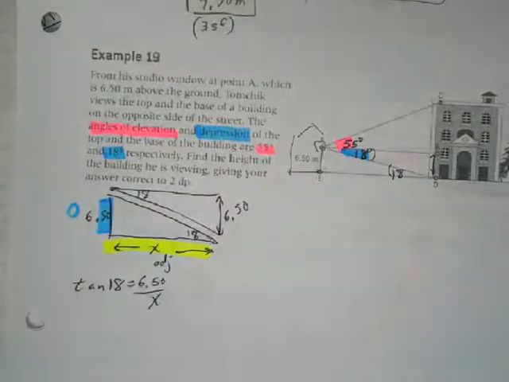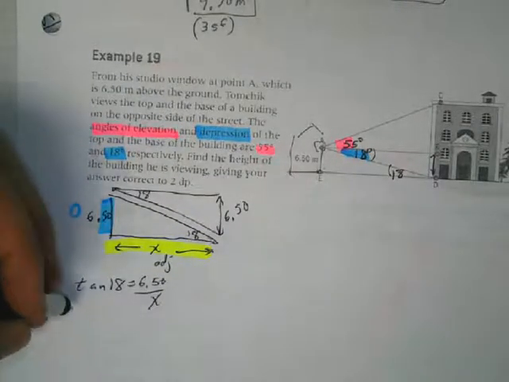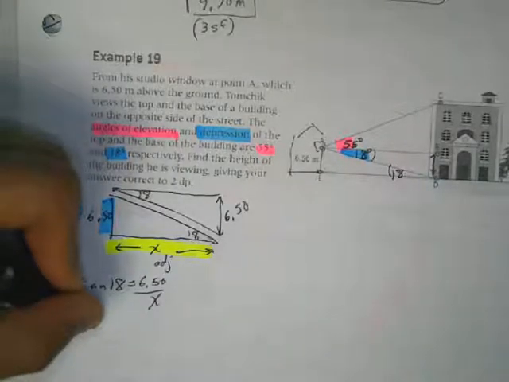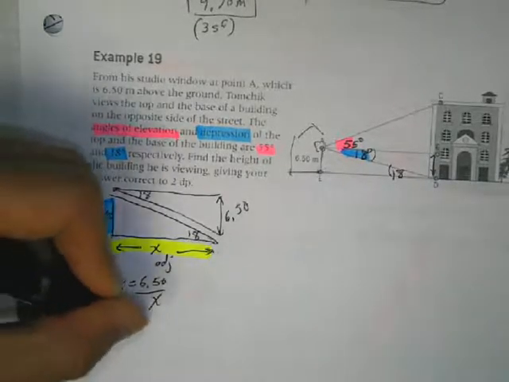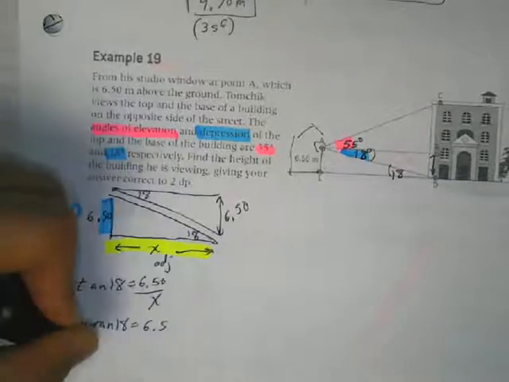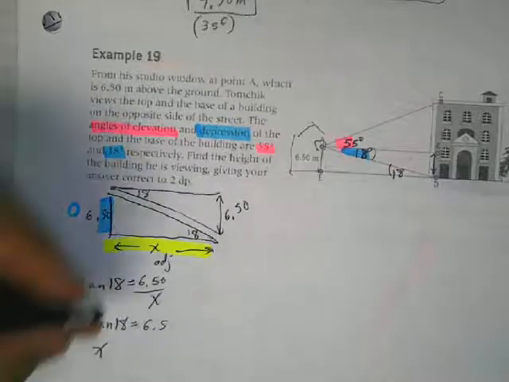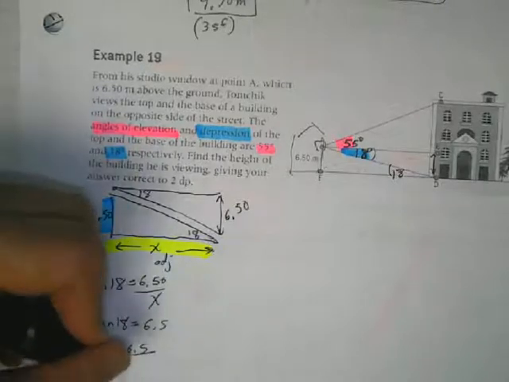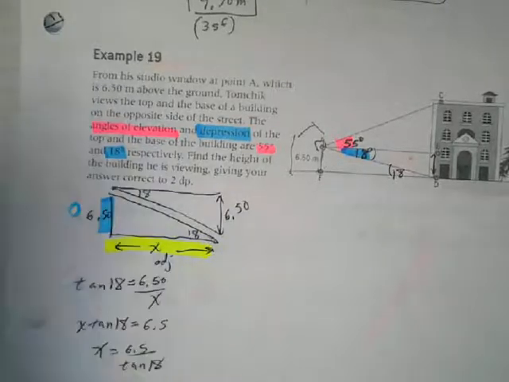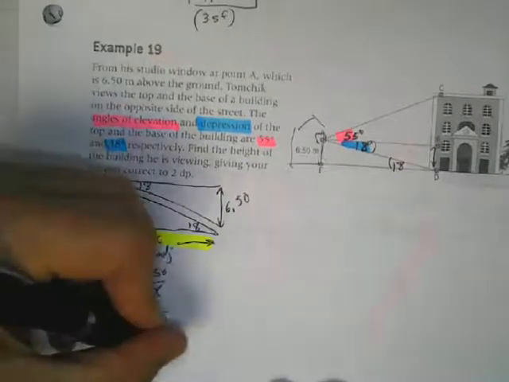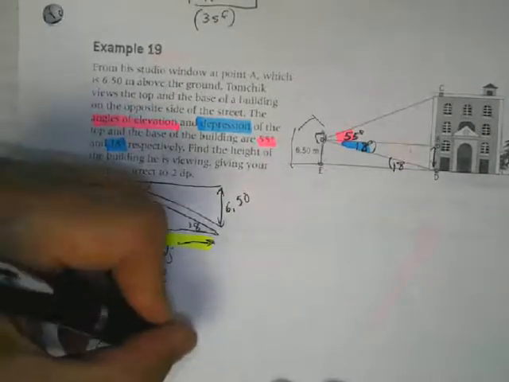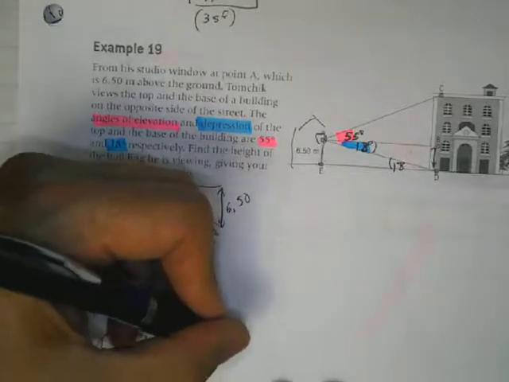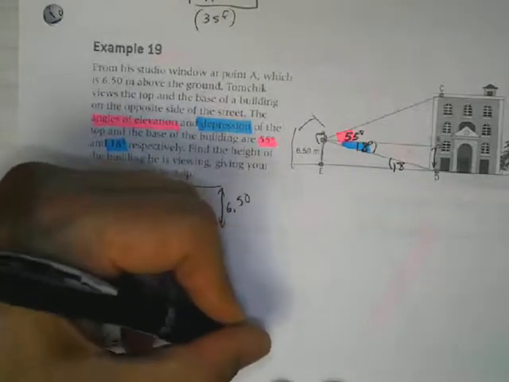We can rearrange this: x tangent 18 equals 6.5. Divide both sides by tangent 18, so x equals 6.5 divided by tangent 18. Plug that into your calculator, and x is 20.00, to 2 decimal places.